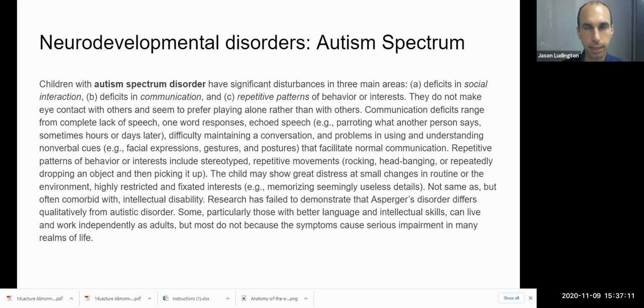So don't think that someone with autism spectrum disorder that's rocking back and forth is necessarily suffering from an intellectual disability. They might just be self-stimulating, as it's called, especially in childhood.